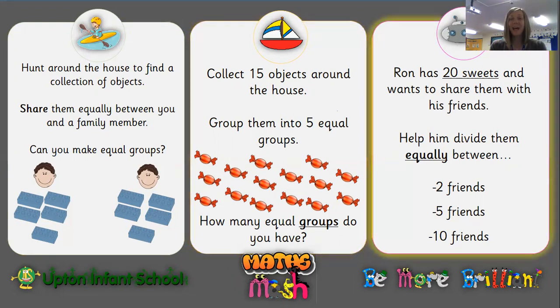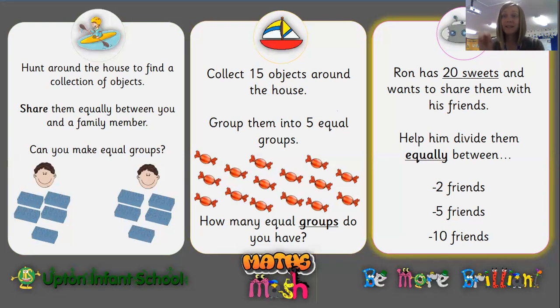And if you want to help out Ron, then we've got a bit of a challenge where you have to draw, or get some objects that could show 20 sweets. So Ron has 20 sweets and wants to share them with his friends. He's got quite a few friends. So to start with, I want you to help him divide them between 2 friends.